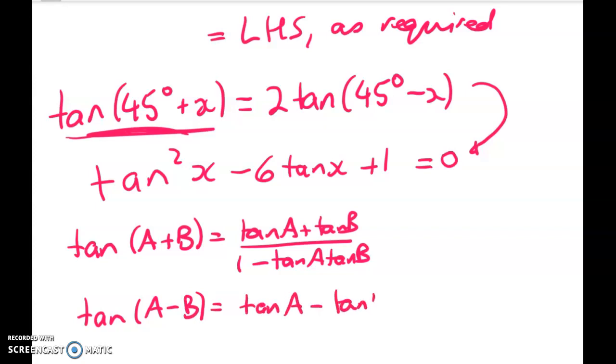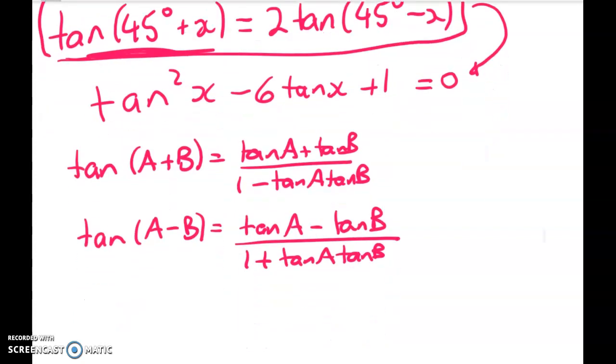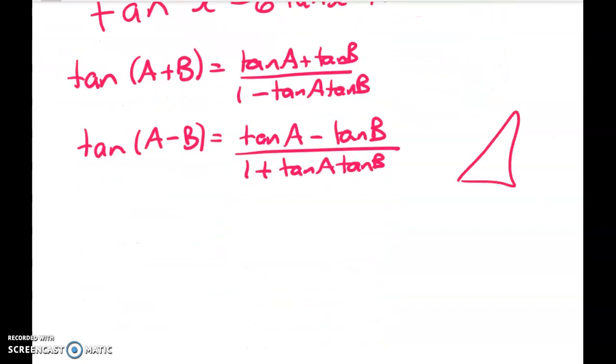So we get this. Okay, so all we're going to do is rewrite these using those identities. And remember, tan of 45 is just 1. So let's just set it out nicely. We start with this.